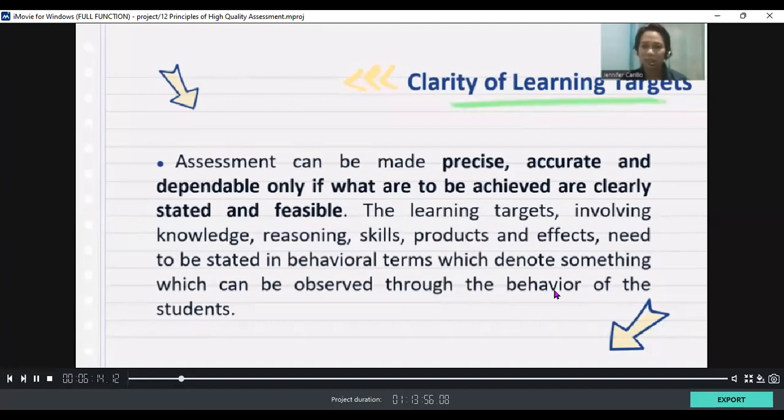Not only that, the clarity of learning targets will also guide on what assessment technique or method will be used by the teacher. So again, this is the very first and important step in the instructional process. You need to establish a clear learning target or clear learning outcomes.